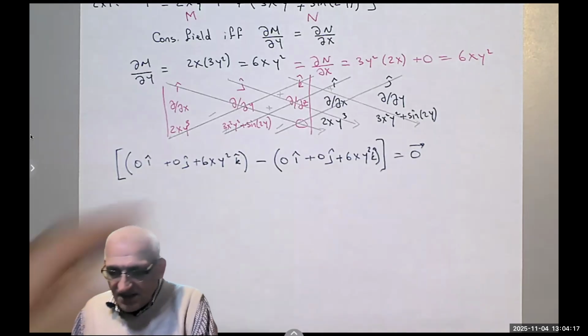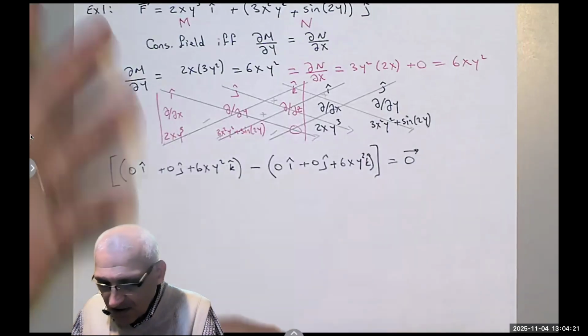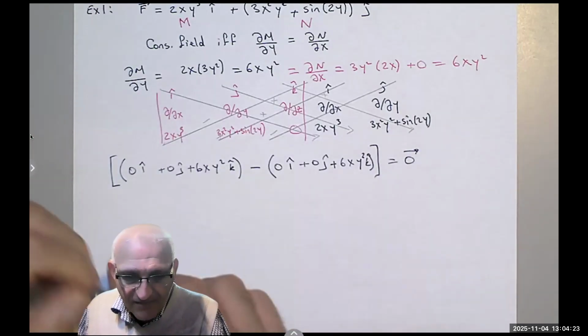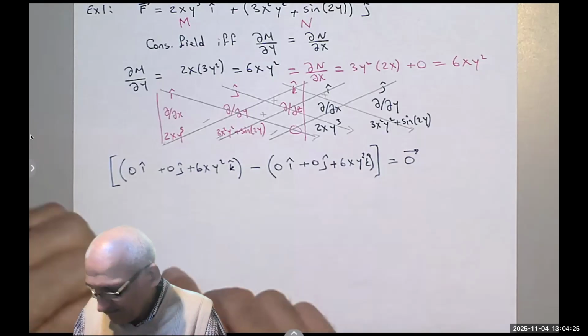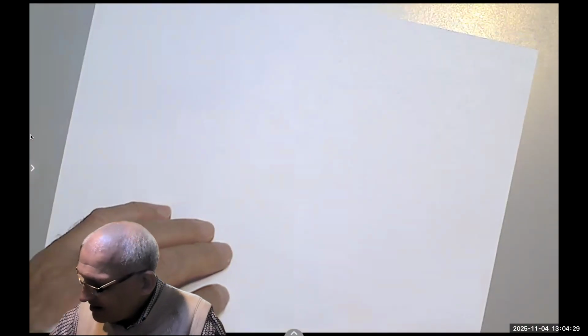Of course, in 2D, it's easier to do it like that, but I was just giving you an introduction on what will happen if we have that in 3D. Let's take another example in 3D and check it out.